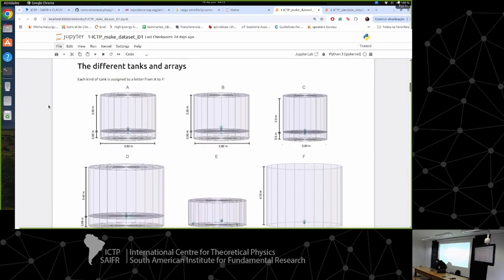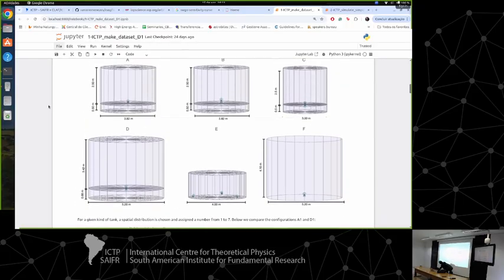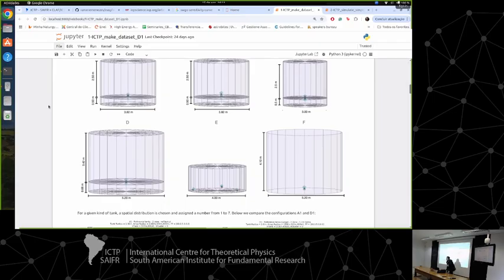Okay, so before proceeding with the analysis, I think it's a good idea to give you an idea of the tanks. I hope you can see it. There are lots of proposed tanks for SWGO.